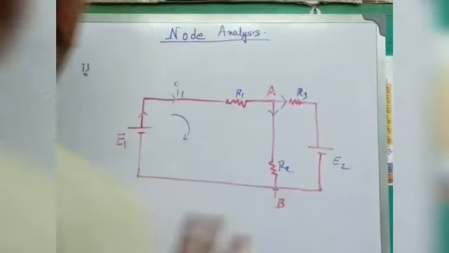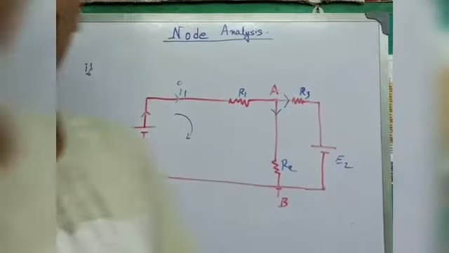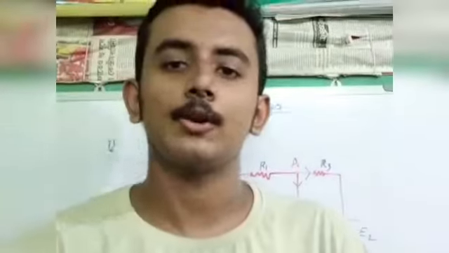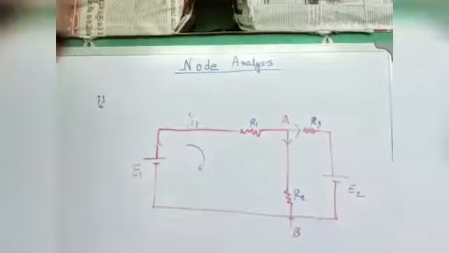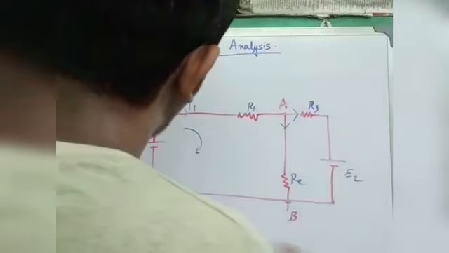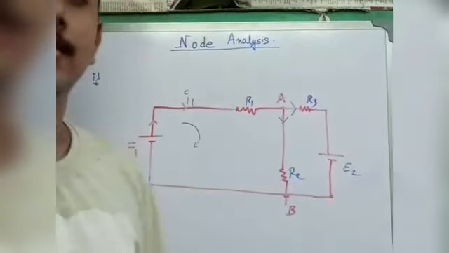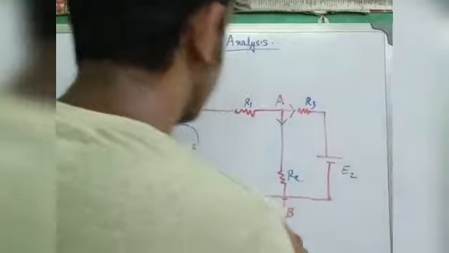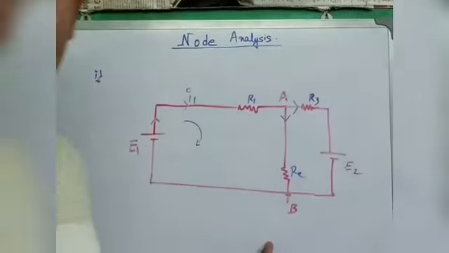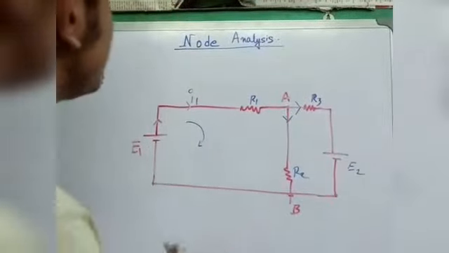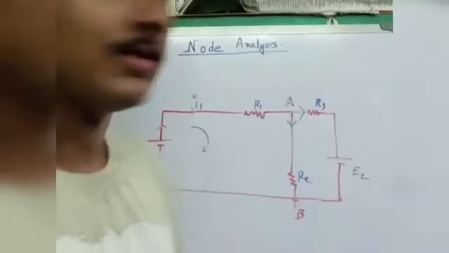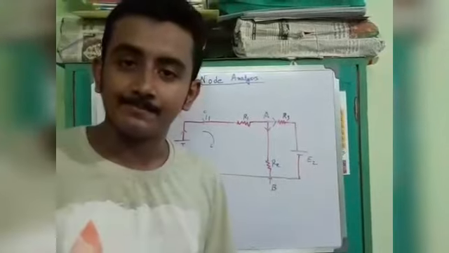Now, you have to find the node. What is the definition of a node? When more than two branches are connected at a point, this point is called a node. That means this circuit has two nodes, node A and node B.